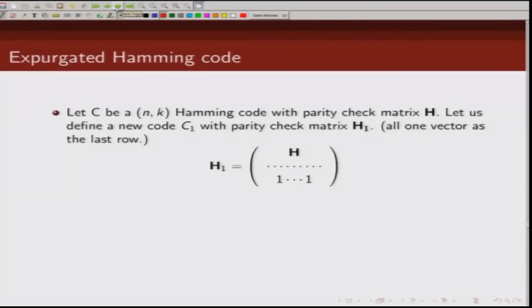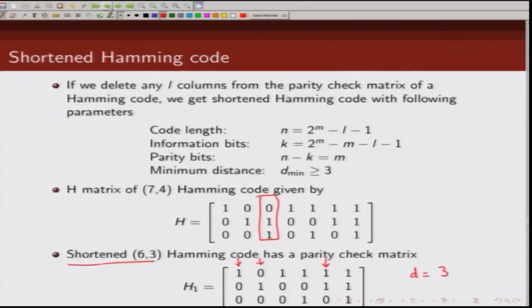Another class of code is what is called expurgated codes. So, what is an expurgated Hamming code? If H is the parity check matrix of a Hamming code, then I define a new parity check matrix H1 which has all ones as the last row. Now, note that the parity check matrix of a Hamming code does not have all ones.